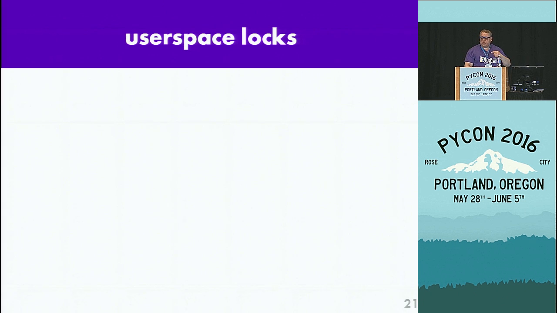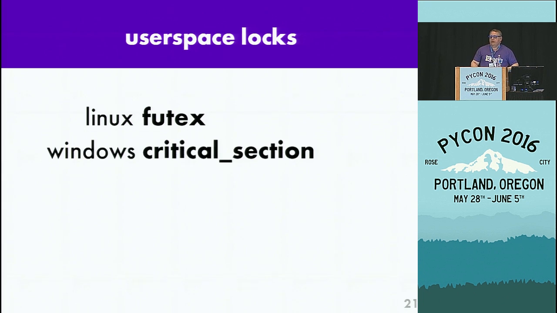So user space locks are pretty common, actually. Under Linux, we have this wonderful thing called the futex, which is a fast user space lock. It's not actually a lock, it's a lock primitive that you can use to make your own locking. And I'm doing all of my development under 64-bit Linux, so this is what I've been using. Under Windows, there is a long-standing thing called the critical section that I'm assured is user space only until there is contention.